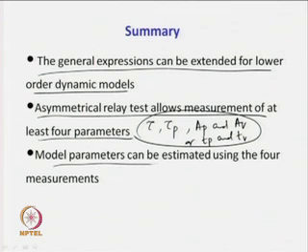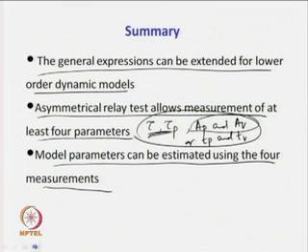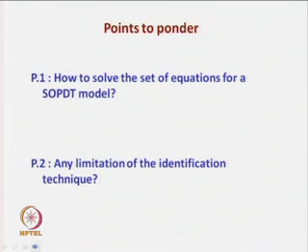So, the model parameters can be estimated using the 4 measurements: these 2 are a must, whereas you have to choose the expressions for A p and A v or T p and T v to find the 4 unknowns associated with the transfer function model.